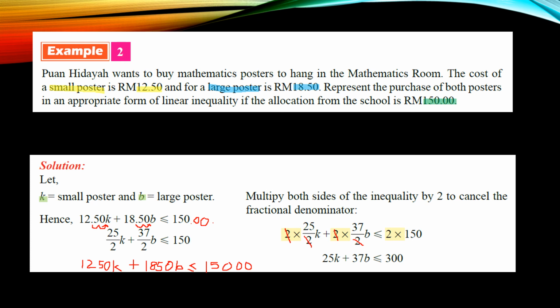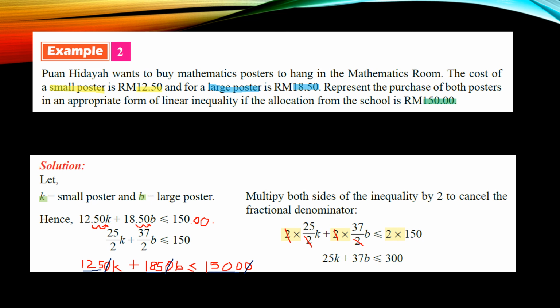So what you can do, here you can see that all the values have 0. So you can cancel this 0. Make it easier, you cancel 1 zero. Each number you have 1 zero, so you cancel the 0. So from here you will have 125K plus 185B less than or equal to 1,500.